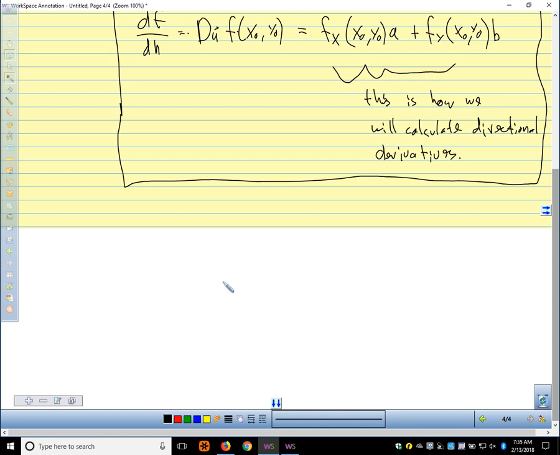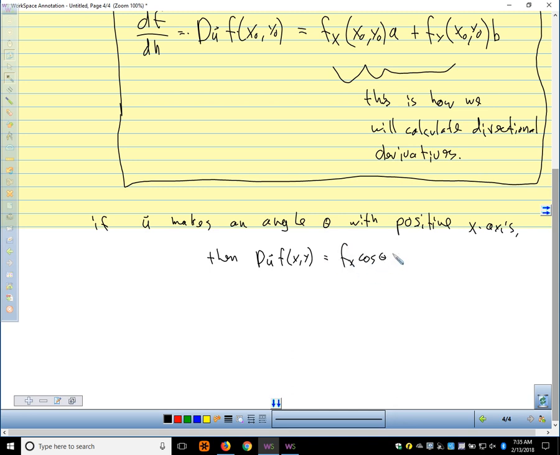Just a quick note, if our unit vector makes an angle theta with the positive x-axis, and remember our unit vector u is in the xy plane, then our directional derivative of f we can write as f sub x cosine theta plus f sub y sine theta.